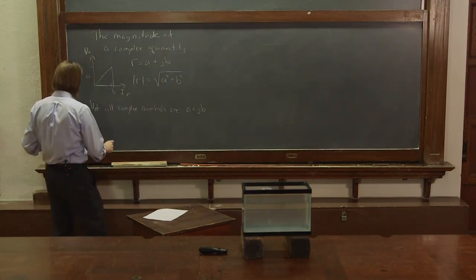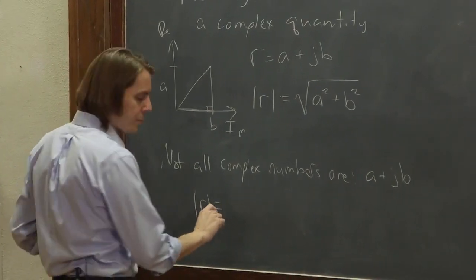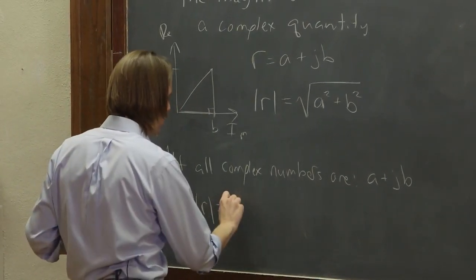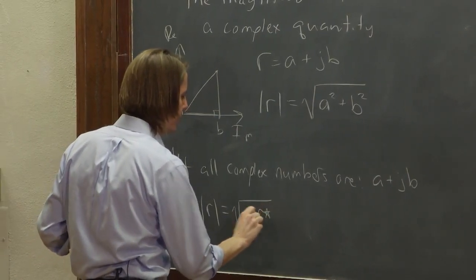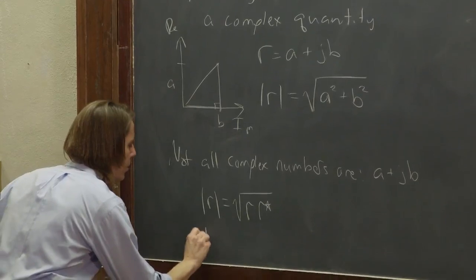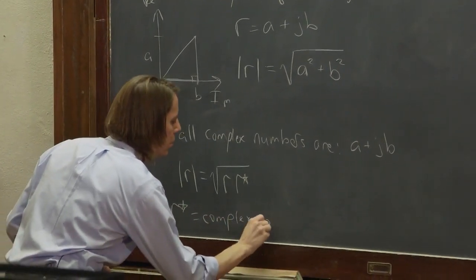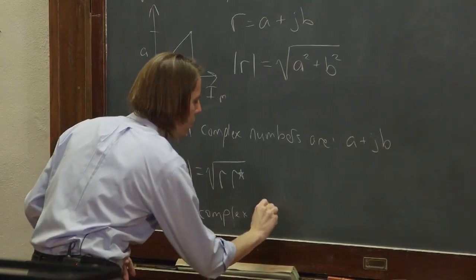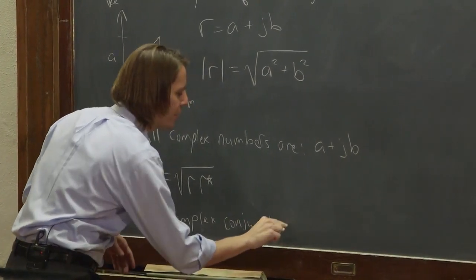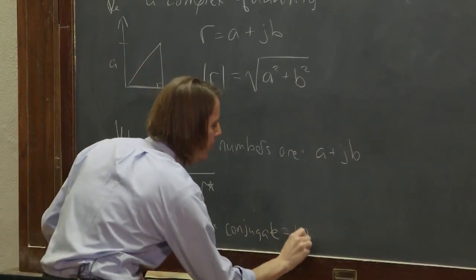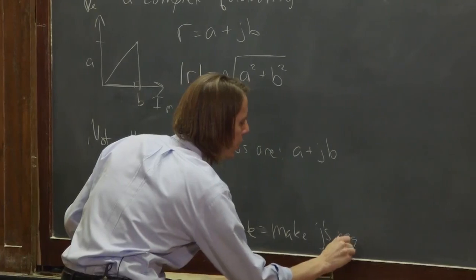So the other way you can get this is you can say the magnitude of r is the square root of r as it's written times r star, where r star is the complex conjugate of r. And complex conjugate is a fancy mathematical way of saying make the j's negative.